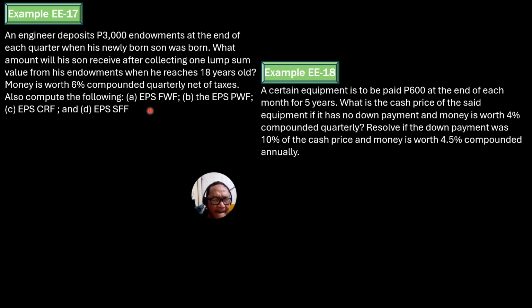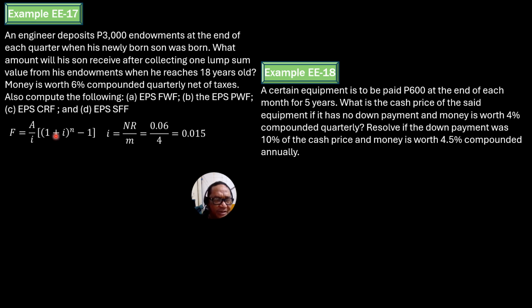So i is 0.06 divided by 4, and the number of compound periods is 4 times 18, so that would be 72. That's fine. So the formula for future worth is A over i, quantity 1 plus i to the n minus 1. So remember that. So i is, in this case, NR over M, where NR is 0.06 and M is 4. So it is equal to 0.015.